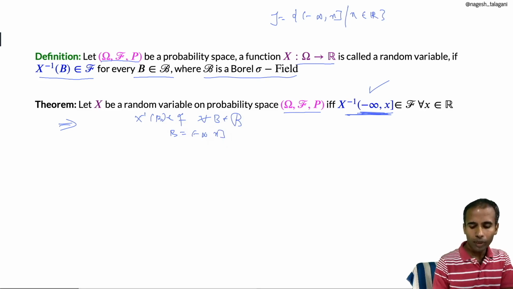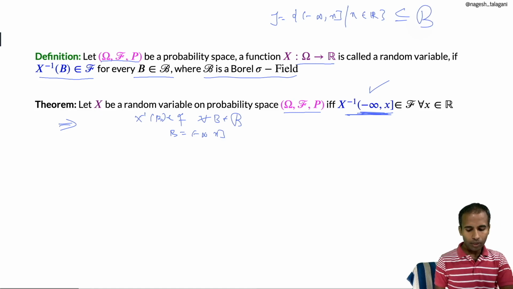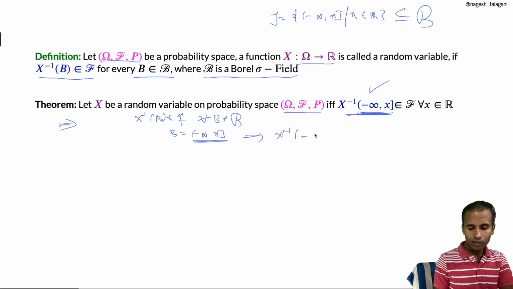We know that all these intervals are Borel sets, so script J is a subset of script B. So if you pick intervals of this form as the Borel set, you must have this. So one direction is pretty straightforward.